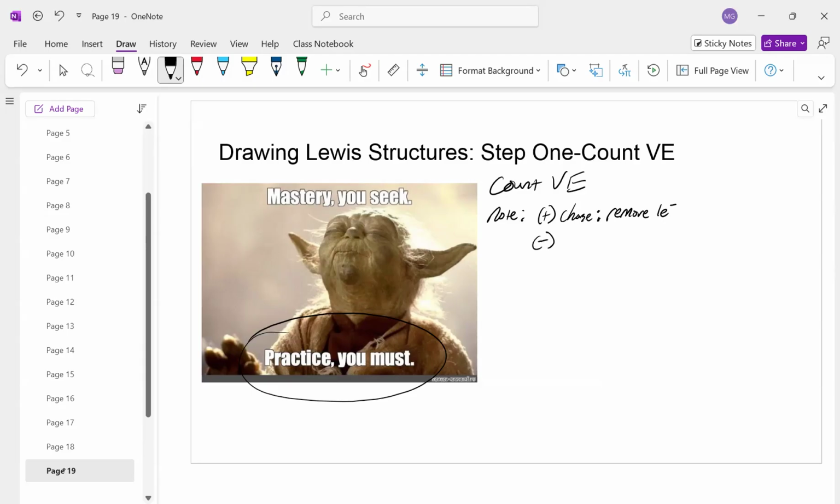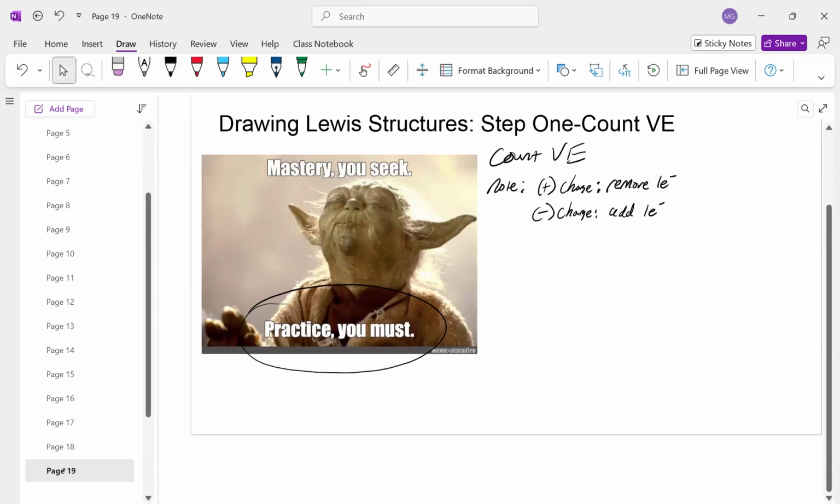If something has a negative charge, for every negative charge, you're going to add 1 electron. So you'll notice some of the polyatomic ions are like -2. So in the total count of valence electrons, you would add 2 more.